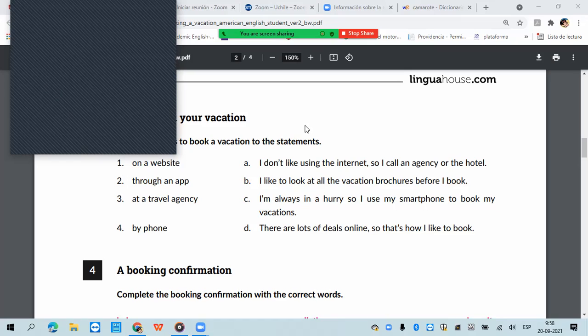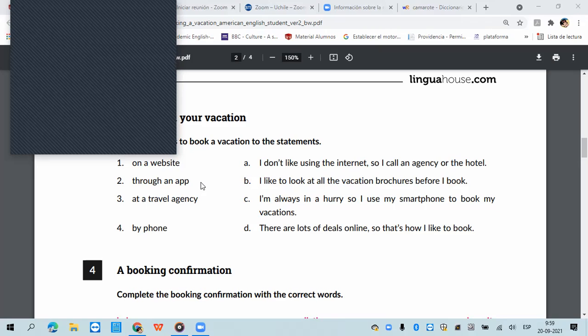I prefer through an app. Why? Because it's more comfortable for me to search on my cell phone in an app. Booking on a website, there are too many possibilities, and in an app they are condensed in one place.